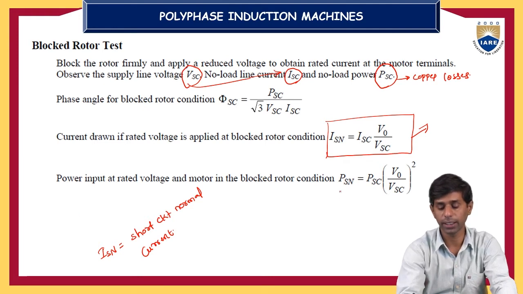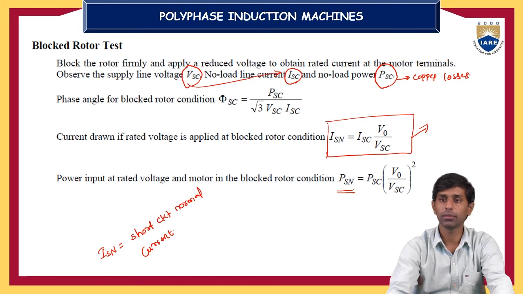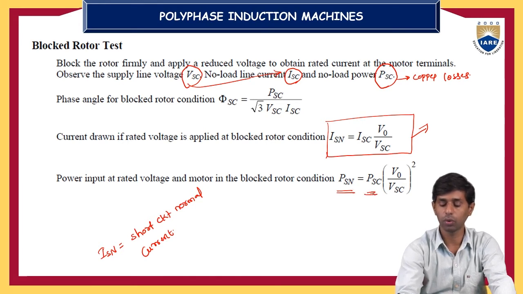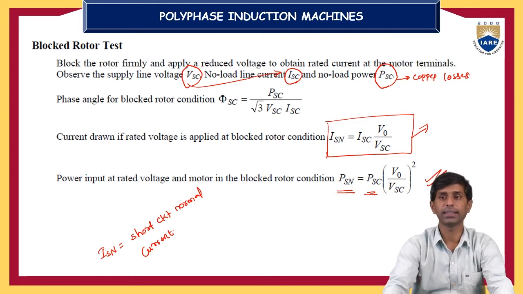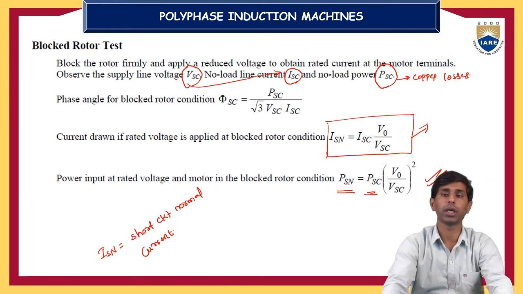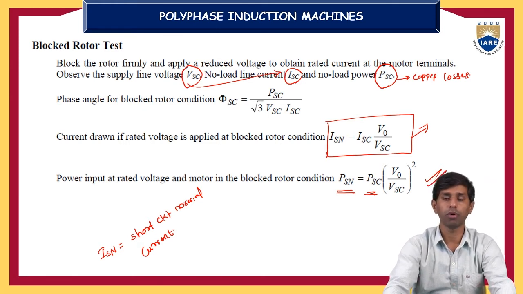Similarly, like ISN, we have PSN, the short circuit normal power, which is equal to PSC into V naught by VSC whole square. This is the short circuit normal power under block rotor test, the amount of power we expect to consume at the rated voltage.